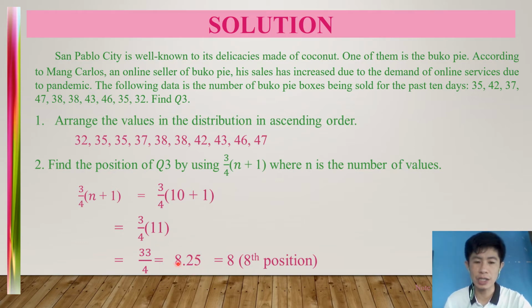So we have 8.25, and since 2 is smaller than 5, we will round this off as 8. So therefore, our quartile 3 is located at the 8th position. So the eighth number is our quartile 3.